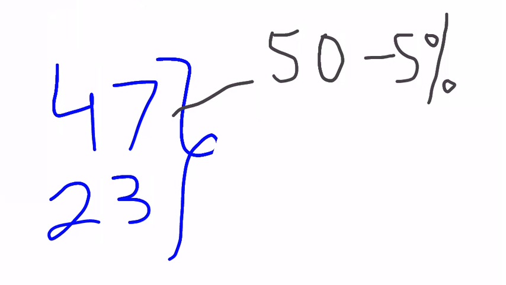Let's take that number, 50 minus 5% of 50. Isn't it? Because 10% of 50 is 5, half of 5 is 2.5. So if you subtract 2.5 from 50, it comes to 47.5. So this number is nothing but 47.5.